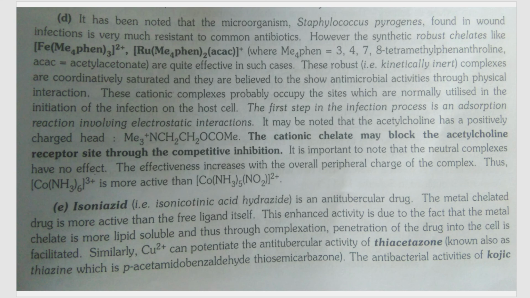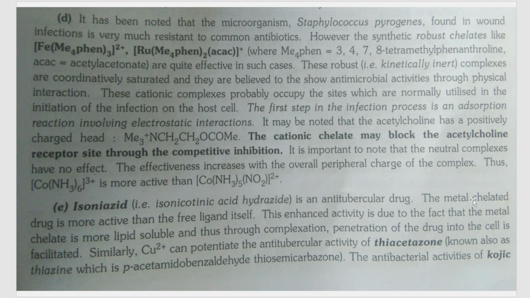Next is isoniazides. These are drugs that are used to treat tuberculosis, so they are anti-tuberculosis drugs. And it was seen that when the chelate forms a complex with the metal, that is when the chelate is present along with the metal, the drug is much more effective than just the free ligand or free chelate.